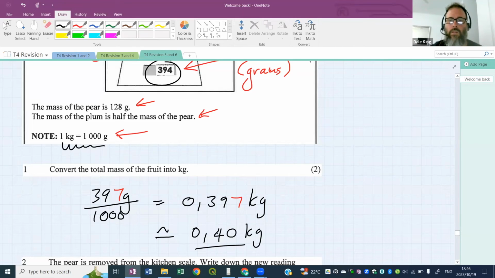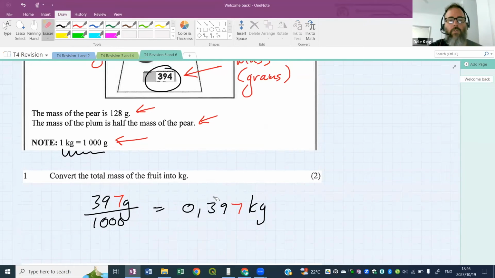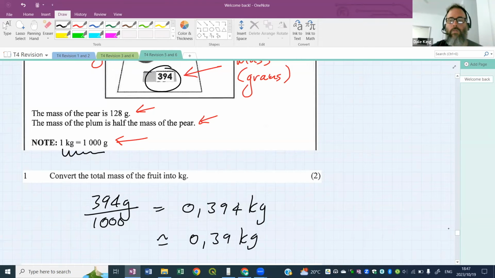Just remember that. But it's not 397. It is 394, so let's put the 4s back. We don't need to change it. It's just going to be 0.39 kilograms, always rounding off to 2 decimal places.